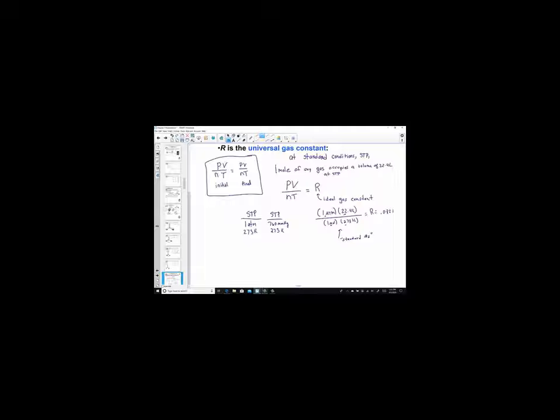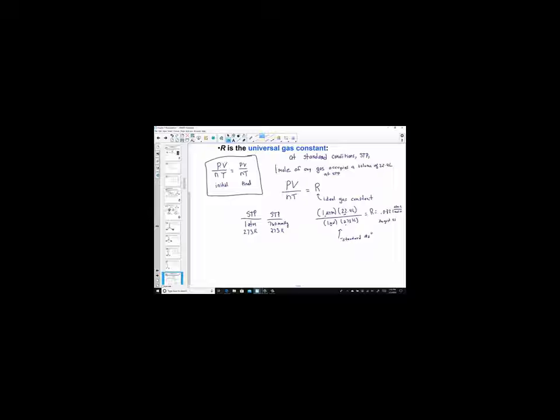And keep in mind the unit here would be atmosphere liter over mole Kelvin. When the pressure is measured in atmosphere, R is a constant, 0.0821. I remember that as August 21st. It helps me remember the number, August 21st, 0821.